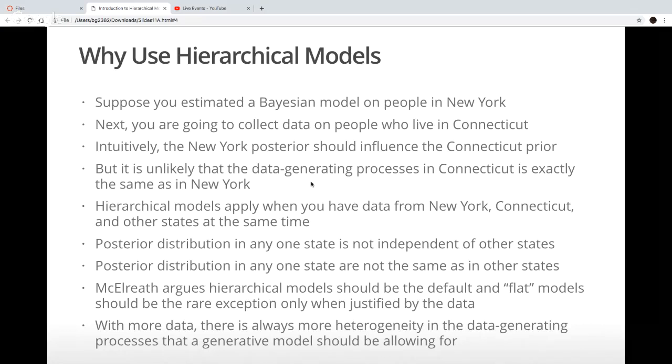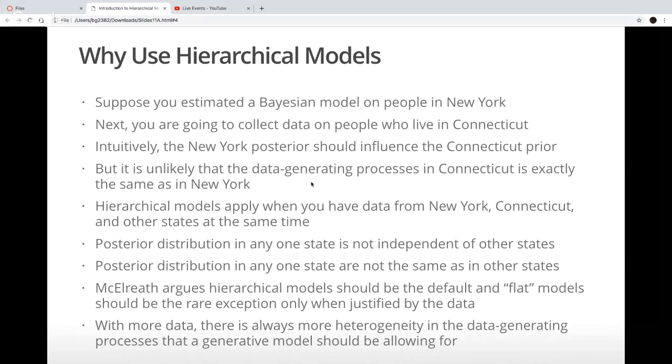You would want to add some variance to it to allow for the distinct possibility that the coefficients and whatnot that govern the data generating process in Connecticut are not exactly the same as those in New York. So it might even be reasonable to say your prior expectation for the coefficients in Connecticut is the same as your posterior expectation that you got from the coefficients when you conditioned on data in New York.